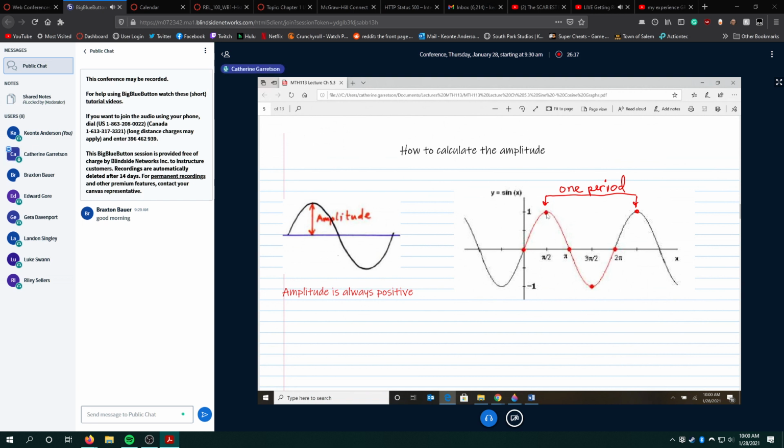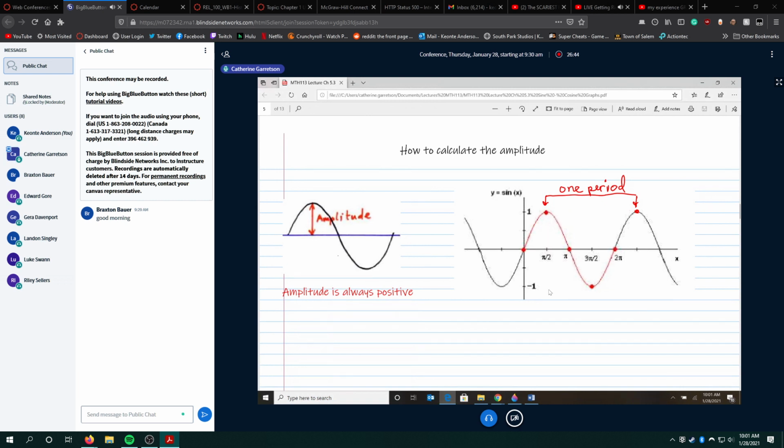This gets into when you're talking about radio waves and microwaves and all those other waves, sound waves, there's an amplitude to it.